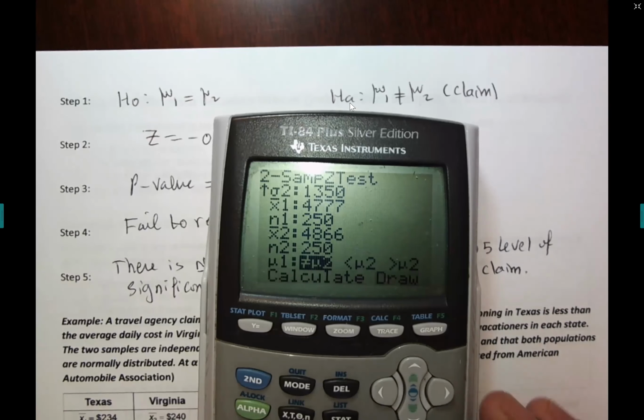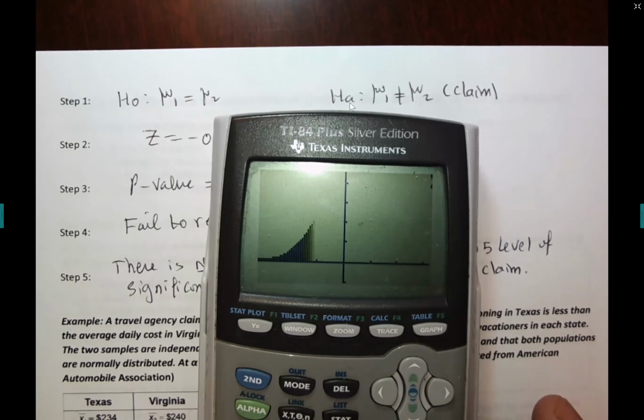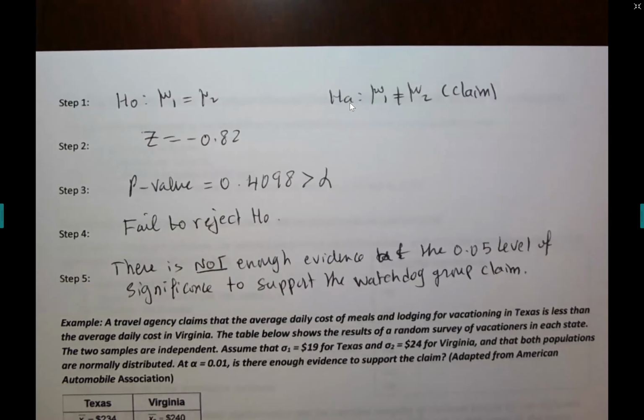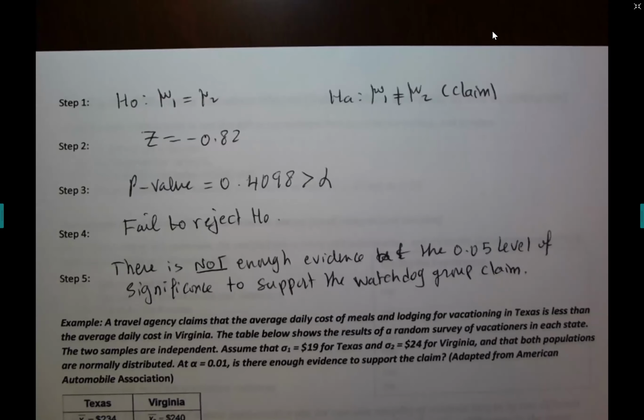I could have done a draw if you want to see the p-value, guys. It's huge. See, that is the answer. Any questions? Okay.